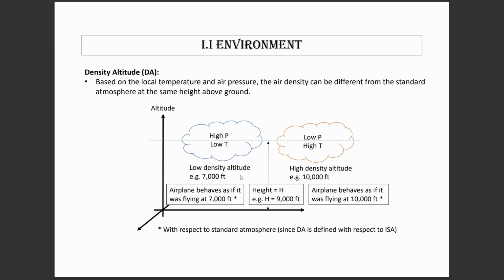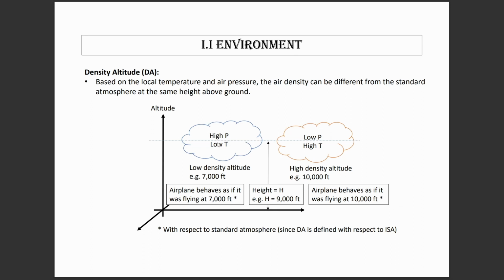It basically describes at what altitude your aircraft is actually flying in terms of aerodynamic performance. So for example, here, as you can see, we are at a nominal height of 9,000 feet. And let's say we fly first into a local high pressure, low temperature area.